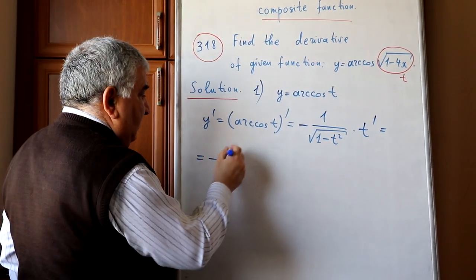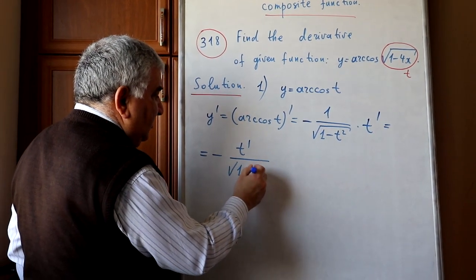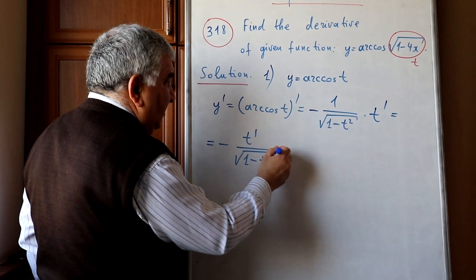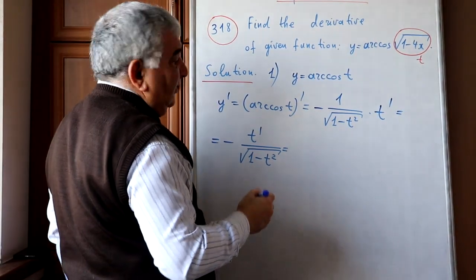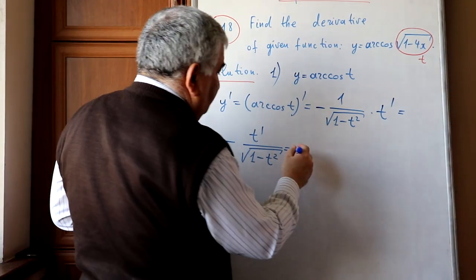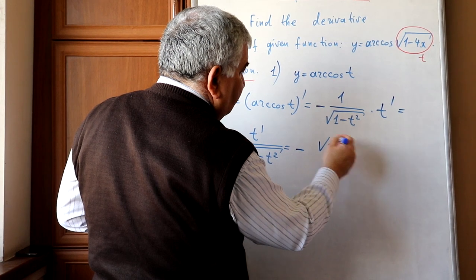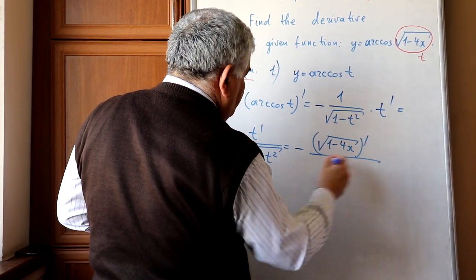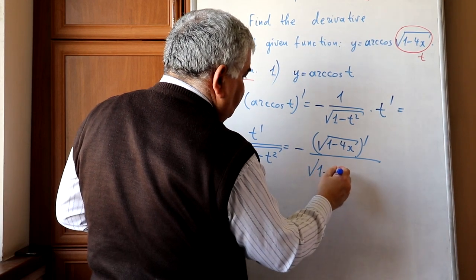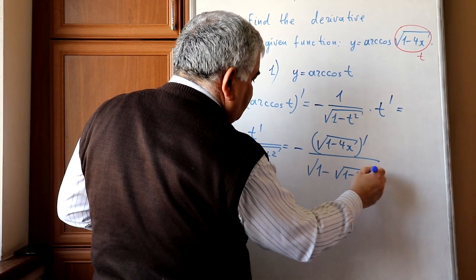Then it equals minus t prime over square root of 1 minus t squared. Then substitute square root of 1 minus 4x instead of t here. Minus square root of 1 minus 4x prime over square root of 1 minus square root 1 minus 4x squared.